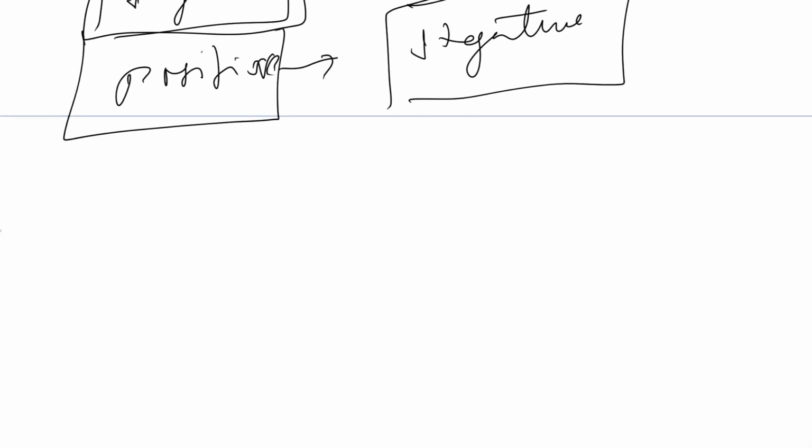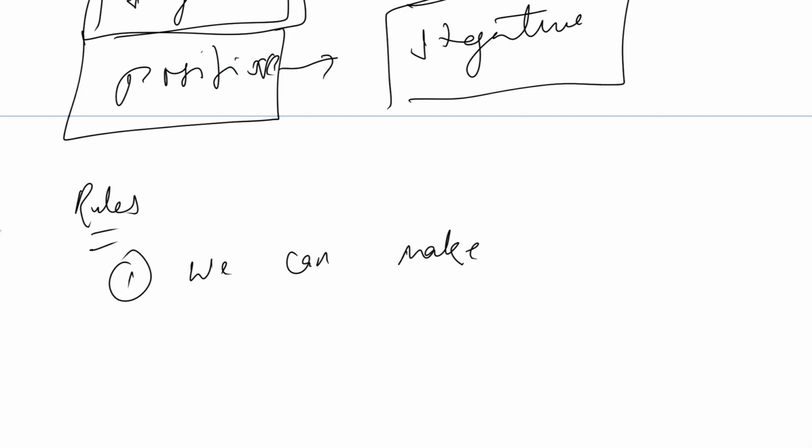So can we say the rules? Very first, we can say we can make almost all numbers positive.